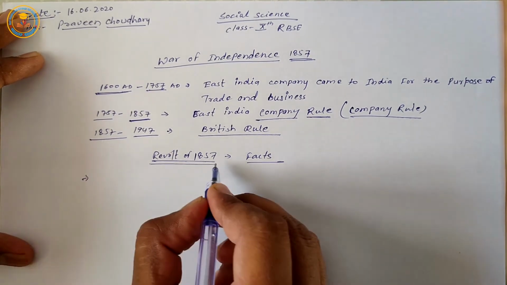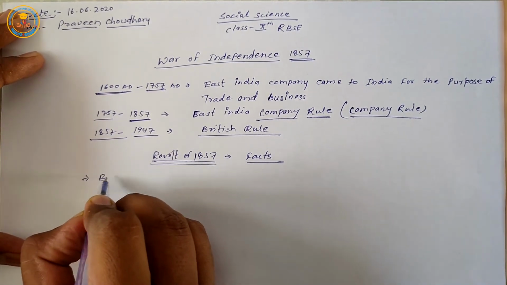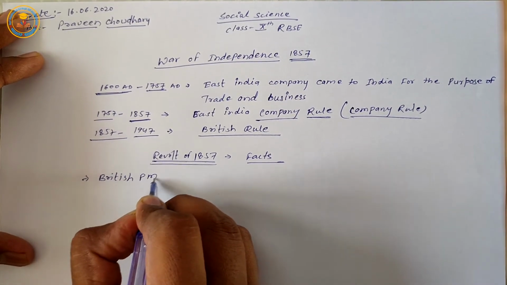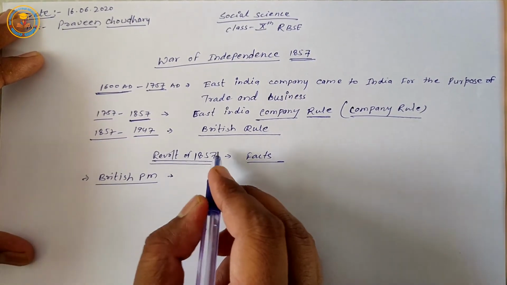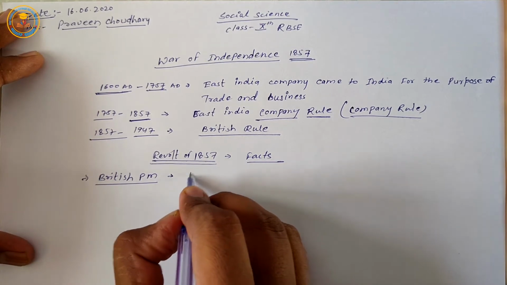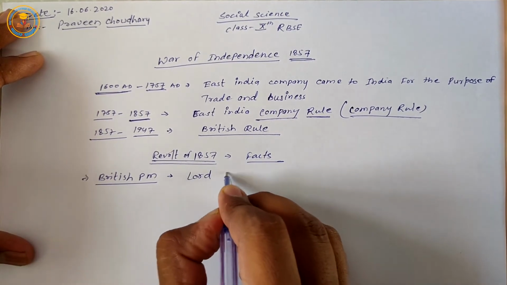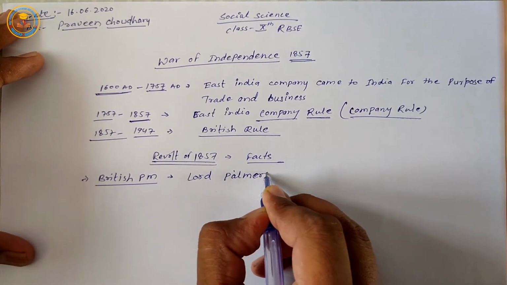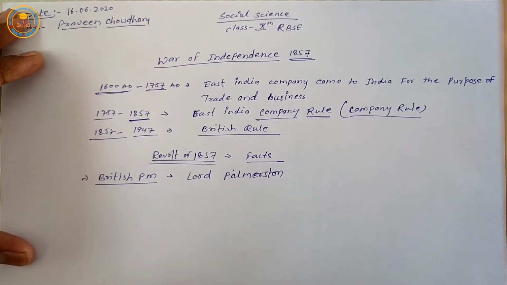At the time of 1857, who was the British Prime Minister? The name was Lord Palmerston.